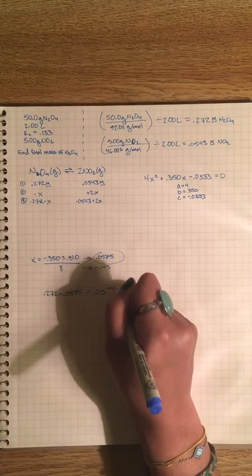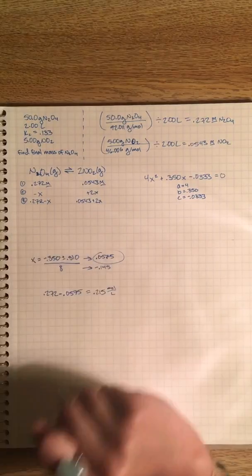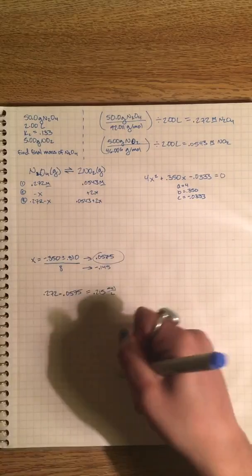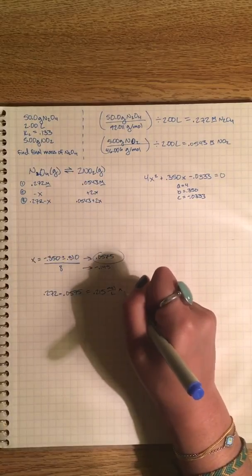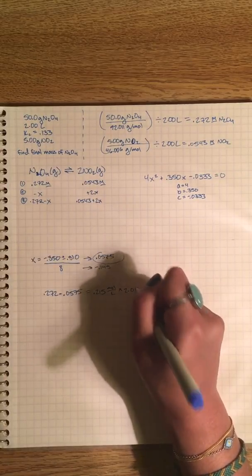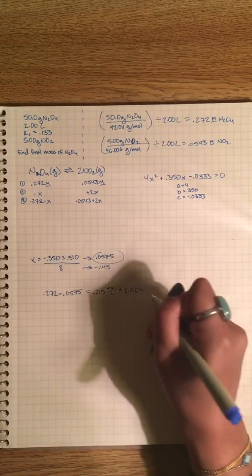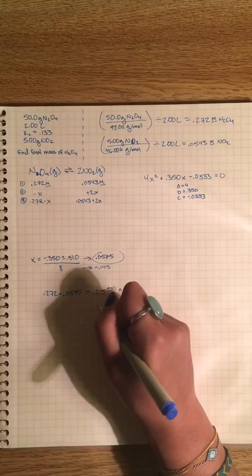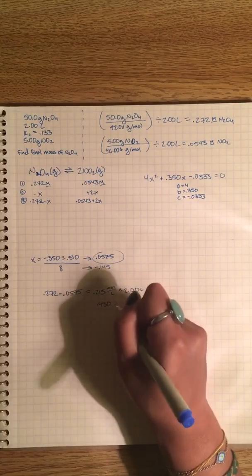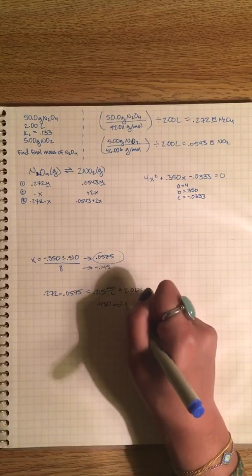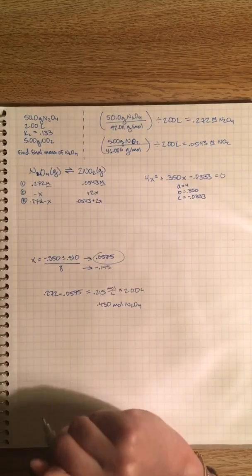And that is equal to 0.215 moles per liter. And then to get that from molarity into actual moles, we're going to multiply it by the volume, 2 liters, and then that is equal to 0.430 moles of N2O4.